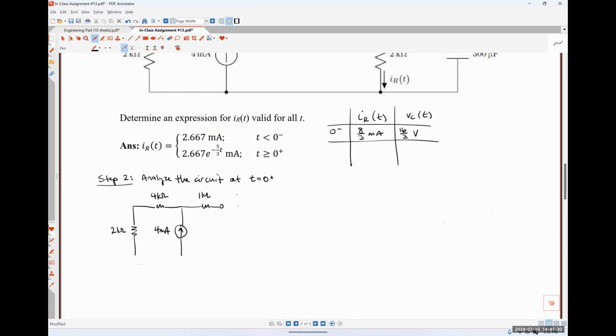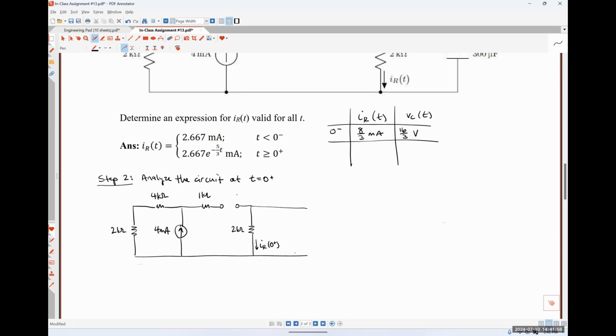At this point in time, our switch is open, so that's why I'm putting an open circuit there. Here I have a 2 kilo ohm resistor through which we have our current IR at 0 plus. And over on the right-hand side, we're going to have our capacitor.